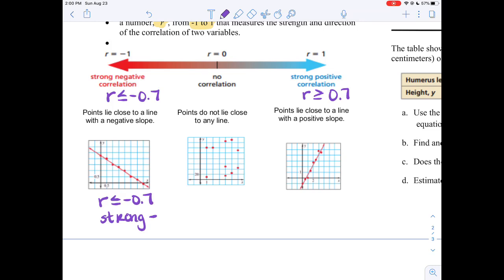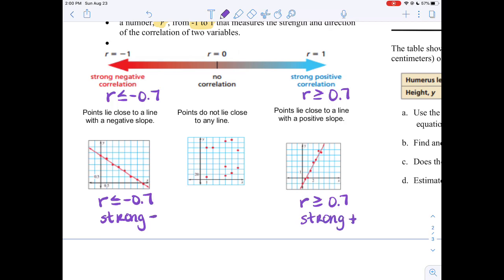And then our second one would be an example of not much correlation at all. You could maybe say that there's a weak positive correlation, but I'm not even sure you could do that. And then finally, if we have an R greater than or equal to 0.7, and you can see that that line is very close to all of the points, then we say that we have a strong positive.